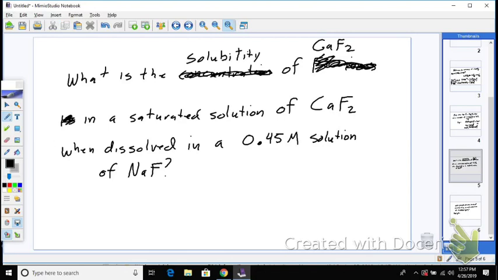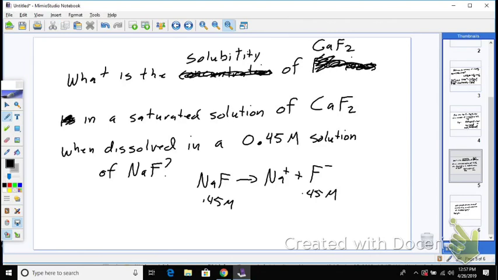First of all, this NaF will dissolve, and when it does, it makes 1 Na plus and 1 fluorine minus. So what's the concentration going to be of fluorine minus here? This starts out at 0.45 molarity. What's the concentration of fluorine? Same, right? Okay.